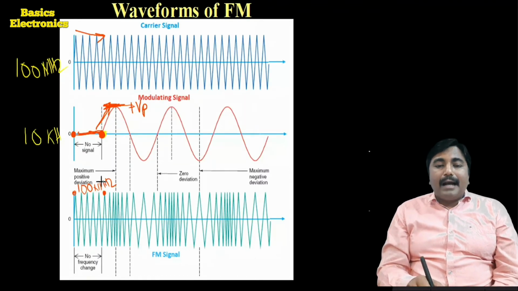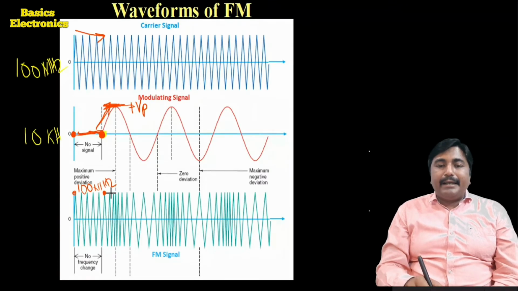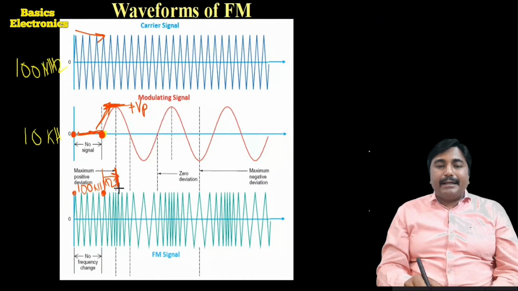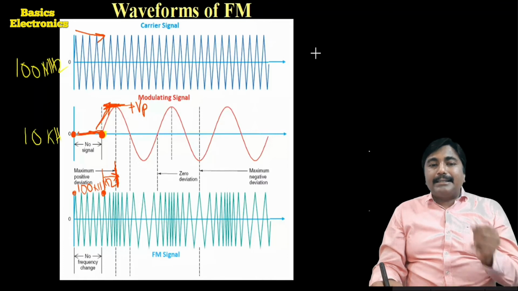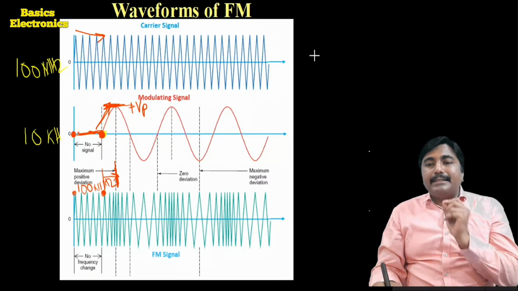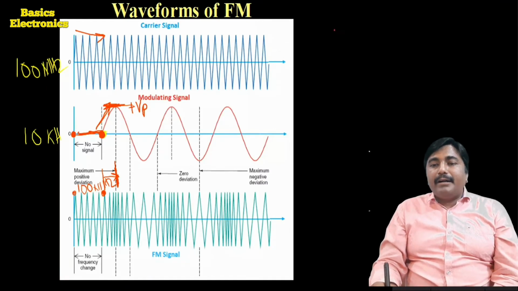Now after this point, as the amplitude of the modulating signal starts increasing, the frequency also starts increasing, until it reaches the maximum frequency. The maximum frequency is decided by the frequency deviation allowed. For example, suppose 100 kilohertz is allowed.